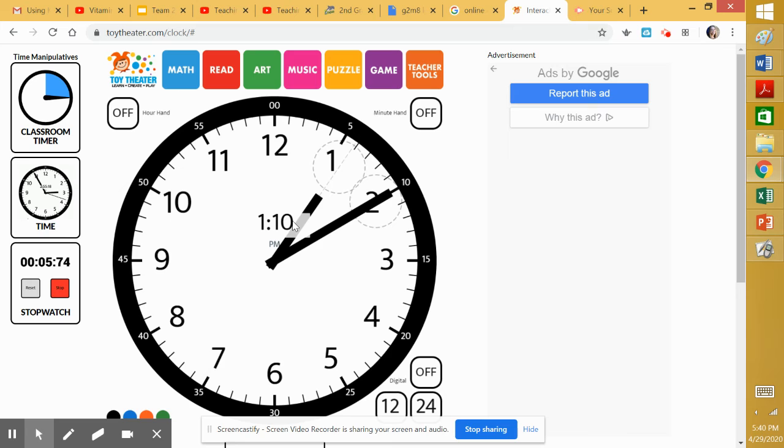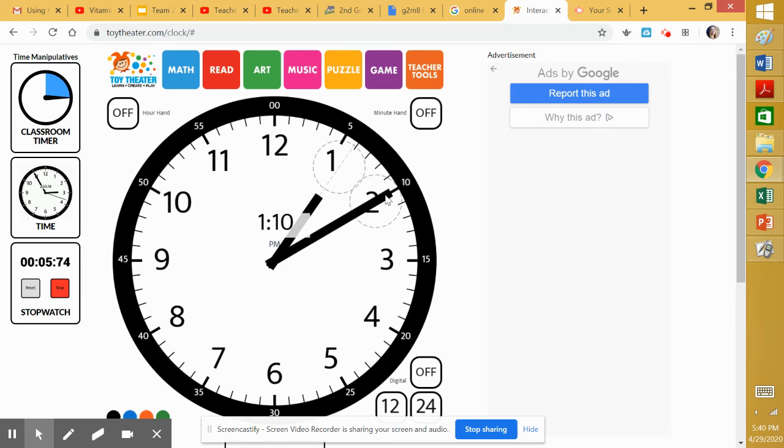You would write the number 1:10. All right. Well, what if I ask you to show me a quarter after 3? What would that look like? Remember, think about your clock split into fourths. A quarter is 1/4 of an hour, which would be 15 minutes. Okay?